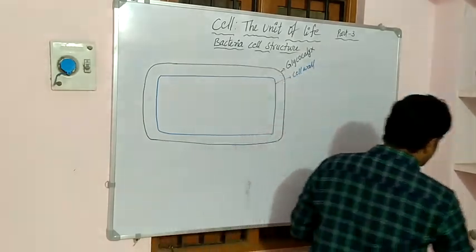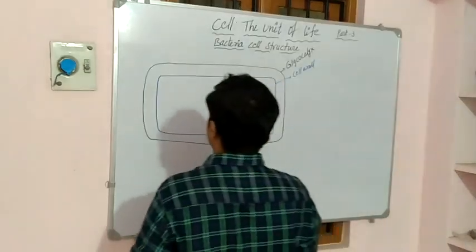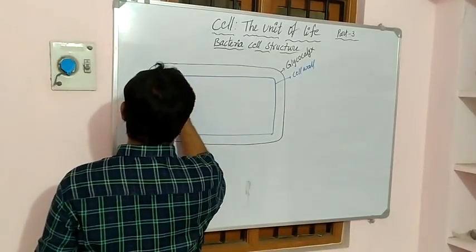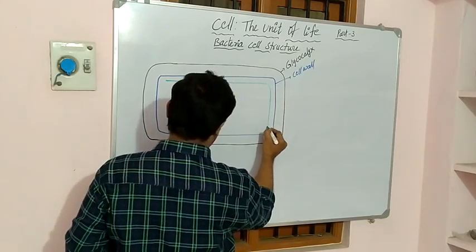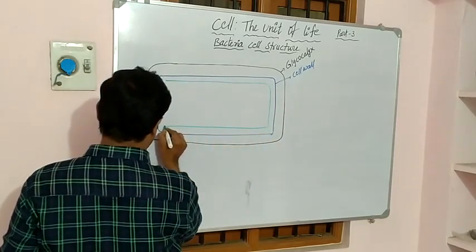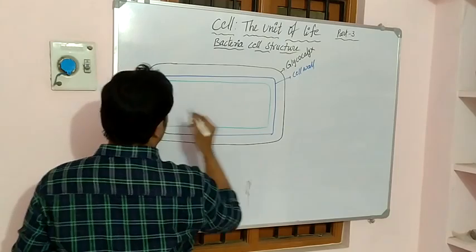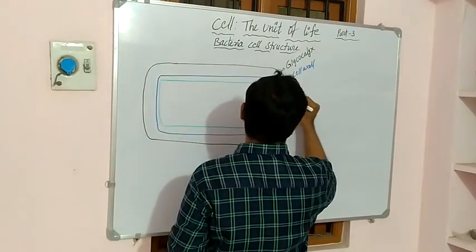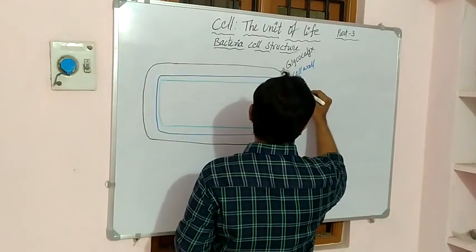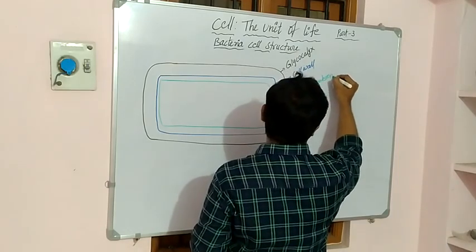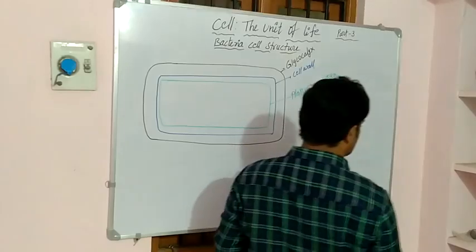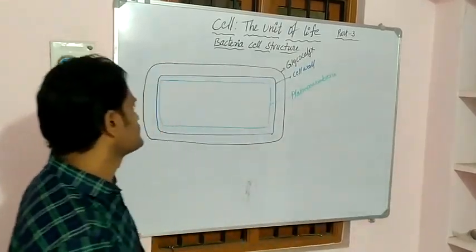Then coming to the innermost layer of the bacteria, this membrane is called the plasma membrane. So these are the three membranes.